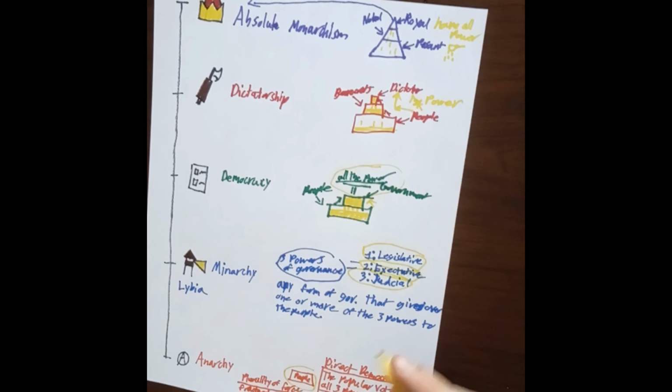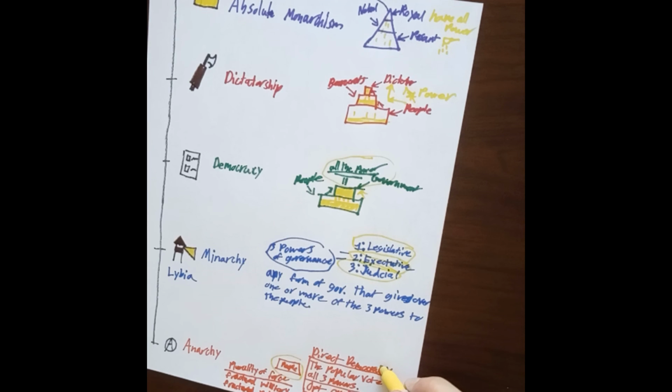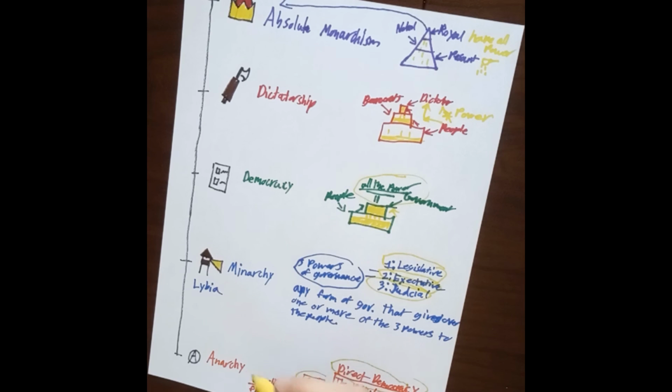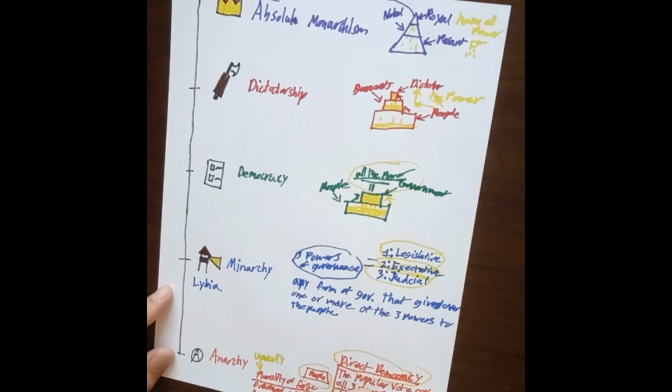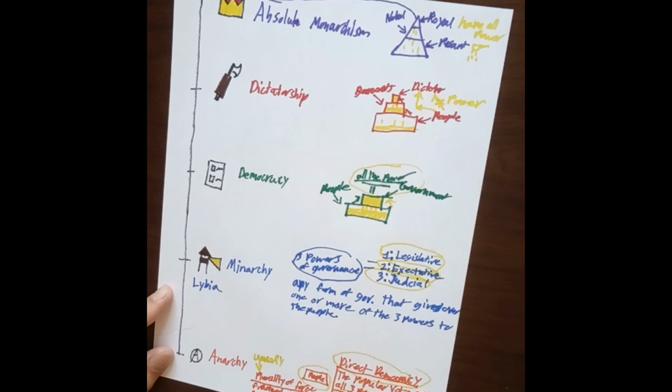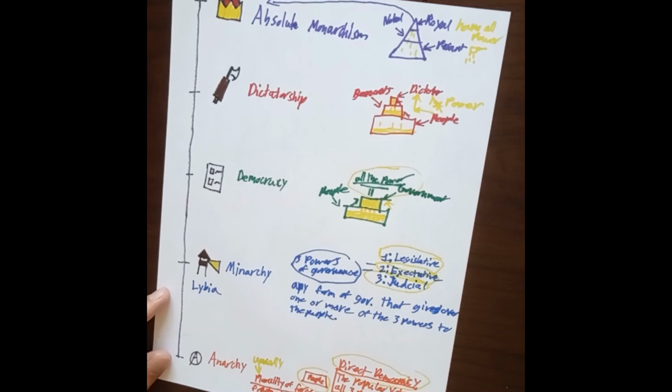And not only do they have all three, so it's the ultimate monarchy, you get rid of the government, and the way you do that is through direct democracy and an opt-out system, which is usually a plurality of force, which means a fractured military and a fractured police. Meaning you get to choose the military and police force that you're a part of.